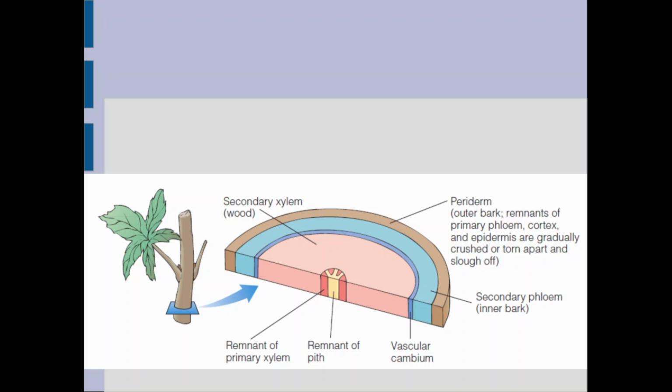So the vascular tissues of the woody plants are close to the herbaceous eudicots.